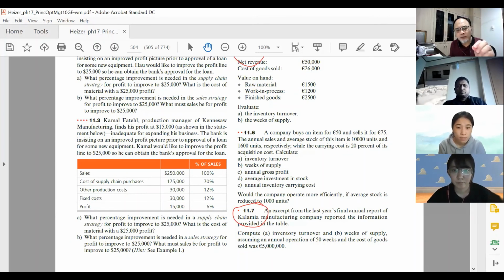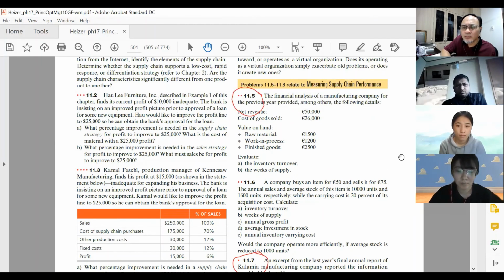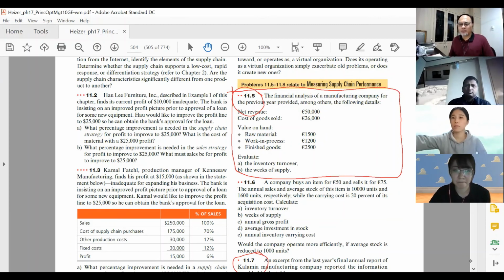But it's okay. 11.5 and 11.7. If you want to look from my book, you can also. You can do it from here without opening your book. Do the first one first and tell me the answer in 5 minutes. This is to be submitted. You can submit by email or WhatsApp.